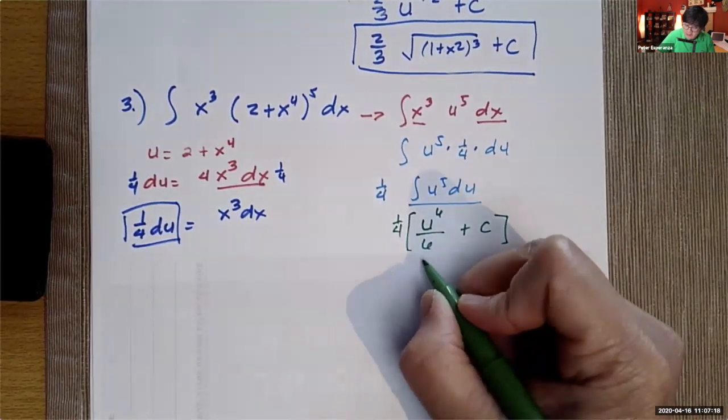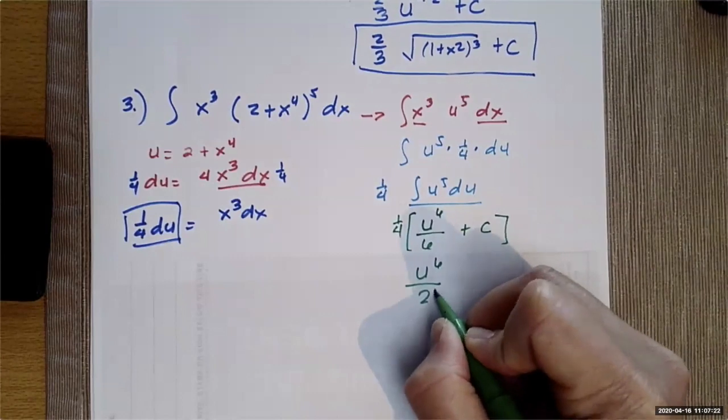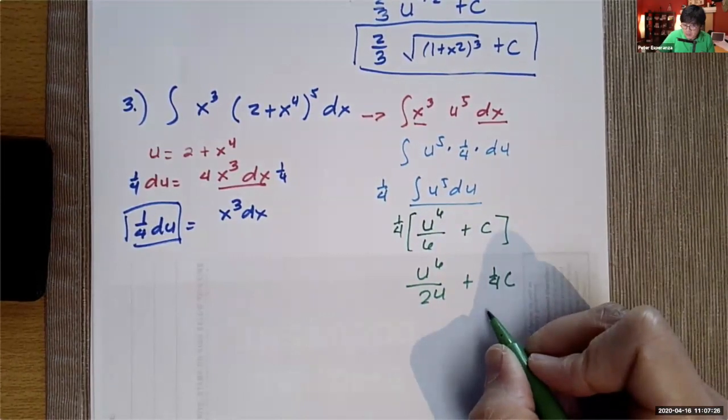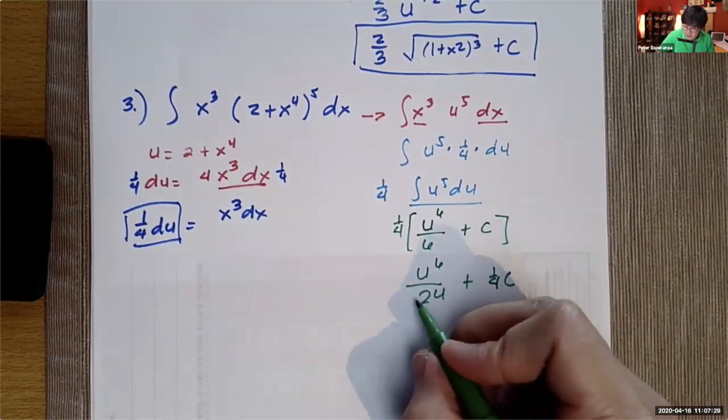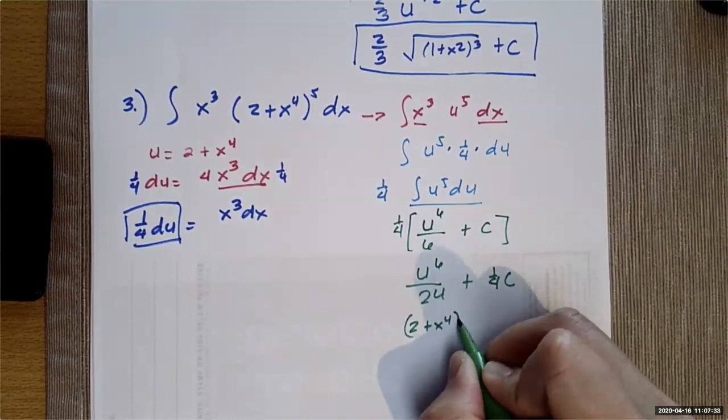So we have u to the 6 over 24 plus 1/4 c. And can you simplify this? I mean, modify it. 2 plus x to the 4th, right?